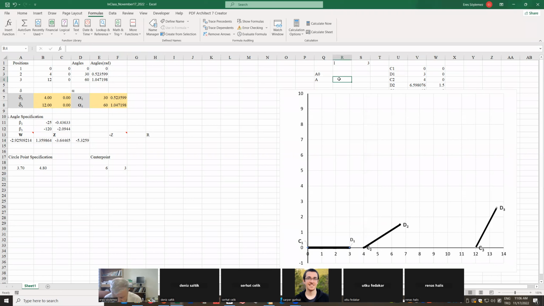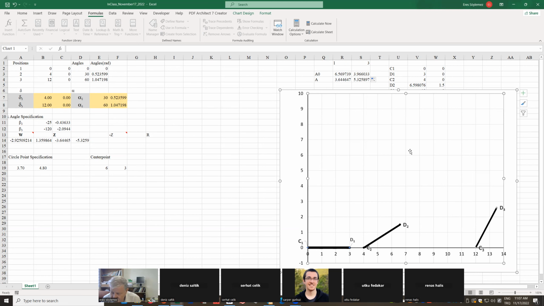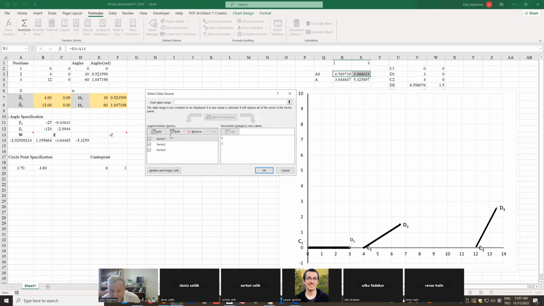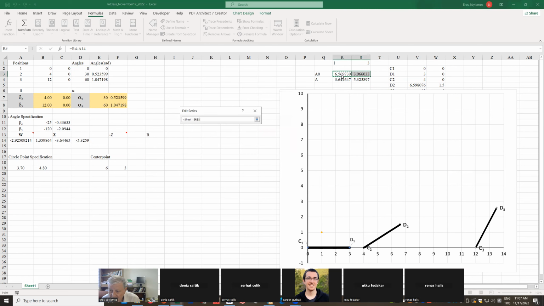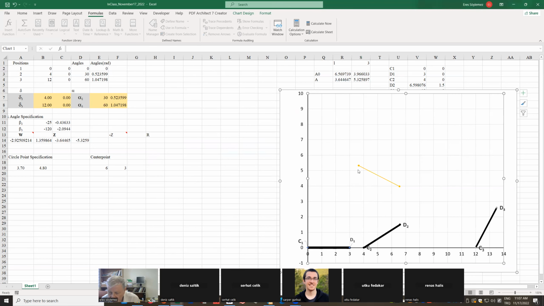A will be equal to minus Z. A0 will be equal to A minus W. So that vector will be, okay.